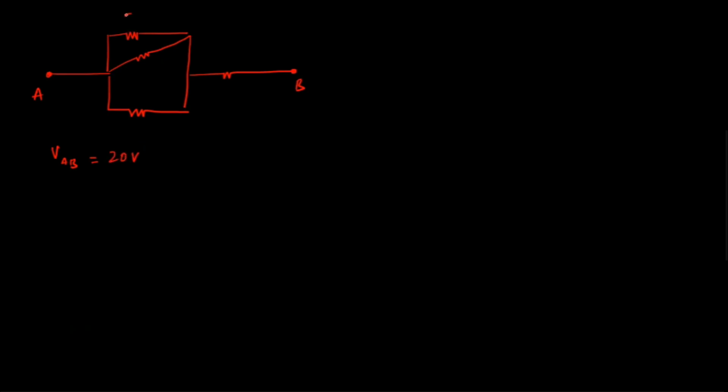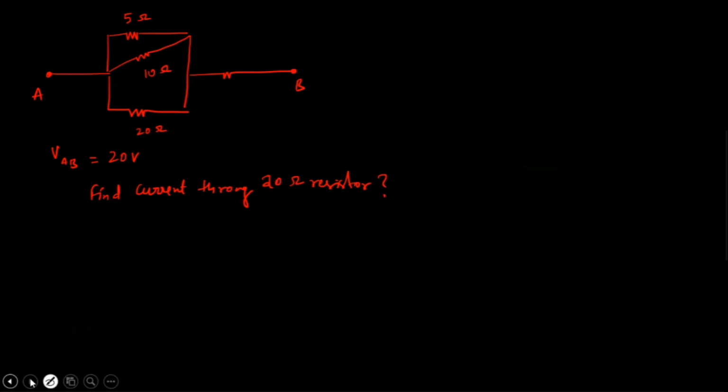This is 5 ohms, this is 10 ohms, this is 20 ohms. The question is to find the current through the 20 ohm resistor.